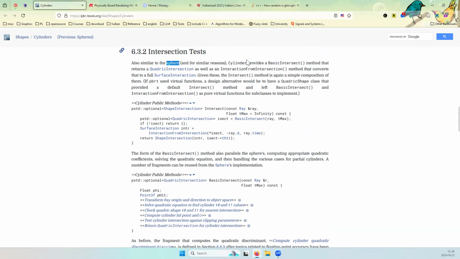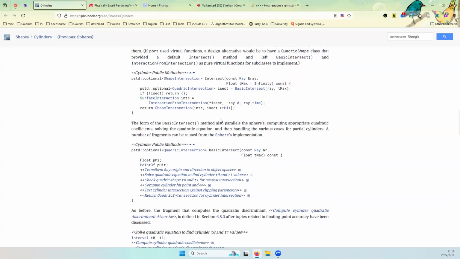Similar to sphere, cylinder provides a basic intersect, which returns a quadric intersection, and then interaction from intersection. The basic intersect method is also parallel to spheres.